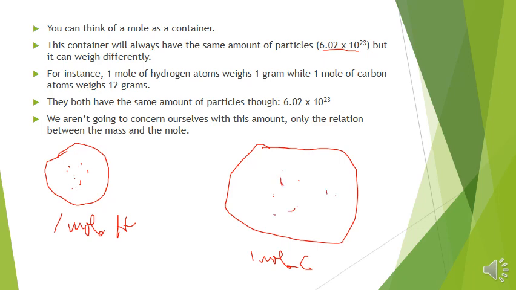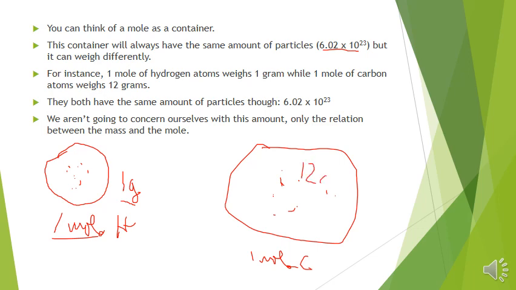However, they don't weigh the same because hydrogen weighs 1 AMU and carbon weighs 12 AMUs. I went over this in a previous lecture. So 1 mole of hydrogen is going to weigh 1 gram, 6.02 times 10 to the 23rd, which we'll just say is 1 mole, while 6.02 times 10 to the 23rd atoms of carbon weigh 12 grams.